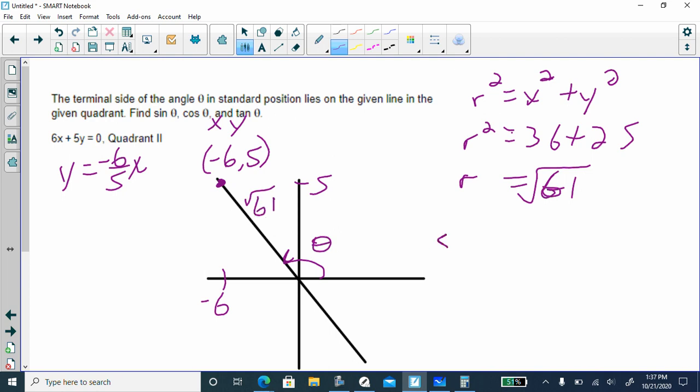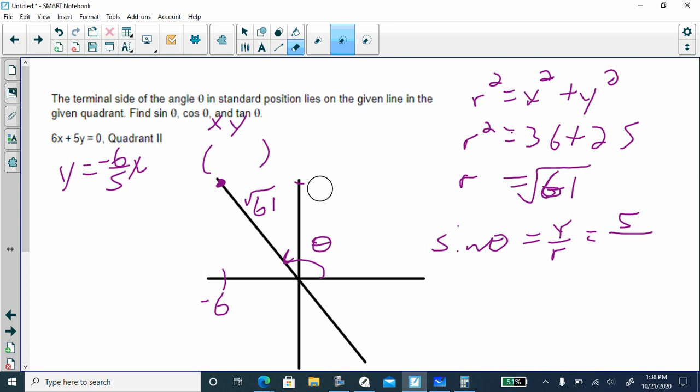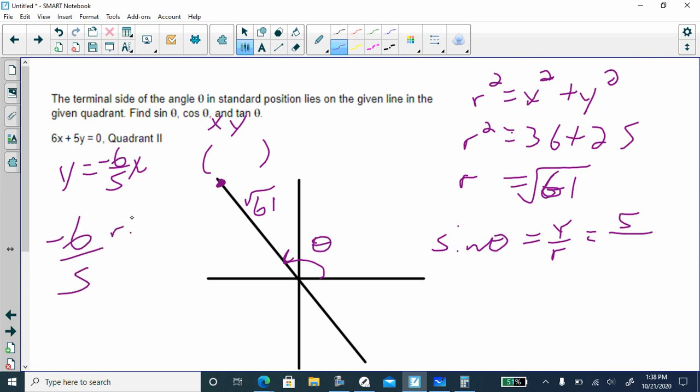So if we want sine of theta, that is y over r. You know what? That is rise over run. I did it as an ordered pair. The r is correct. But negative 6 over 5 is rise and run. Sorry about that.